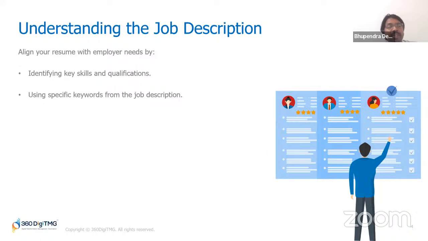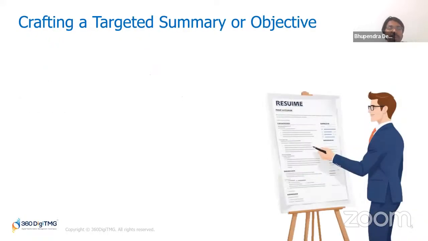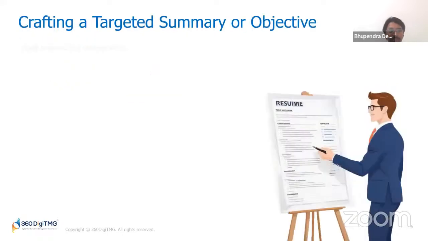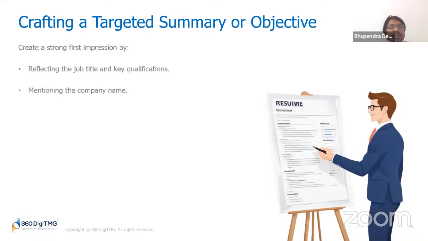We have to use specific keywords from the job description to make sure that we include all those things in our resume. We reflect the company's values and culture, right? And when we reflect all those things in our resume, the chances of getting a resume shortlisted for the interview increase manifold.